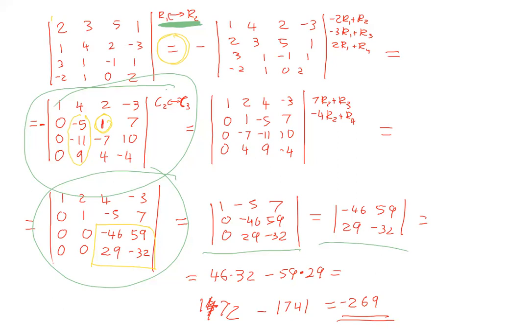Any more questions, please? Now, regarding the explicit formula for the inverse of a matrix, here's how it works. So we compute what is known as, oh boy, what's the name?